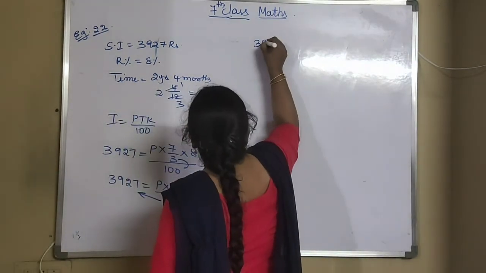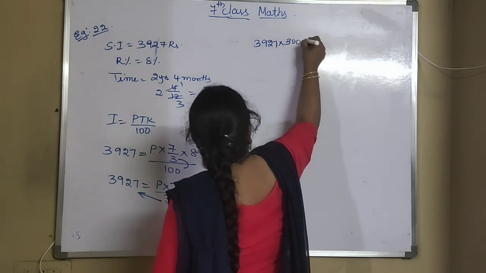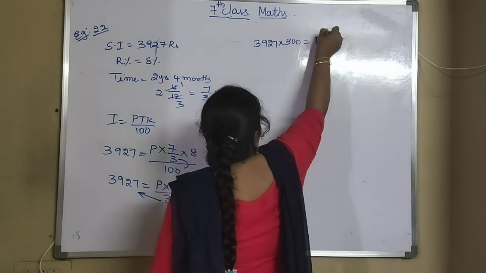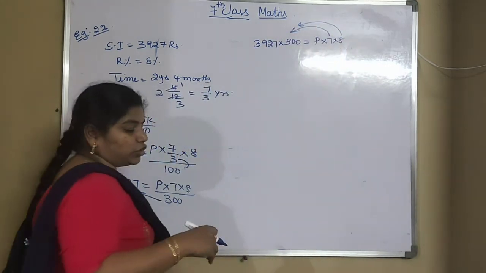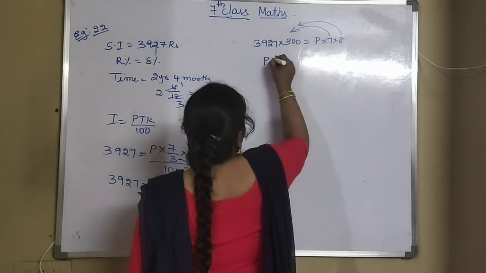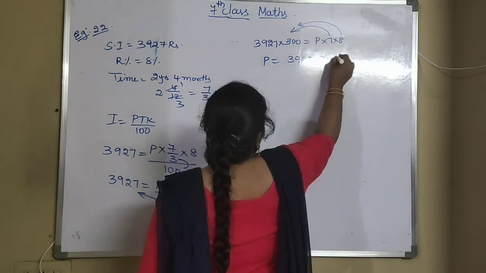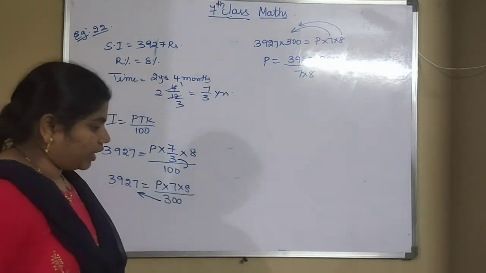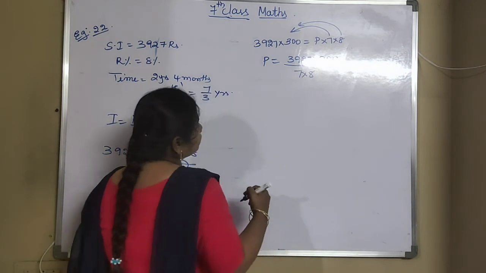So 3,927 into 300 is equals to P into 7 into 8. Now these two values I am transposing, both are in the form of multiplication. If I transpose, that will be converted into division. So P is equals to 3,927 into 300 by 7 into 8. Now cancel this. In which table we can cancel?